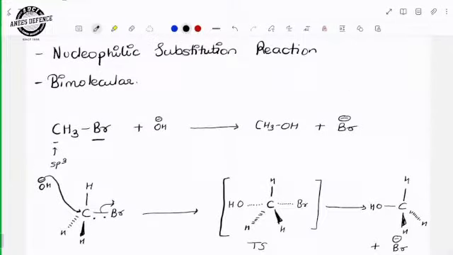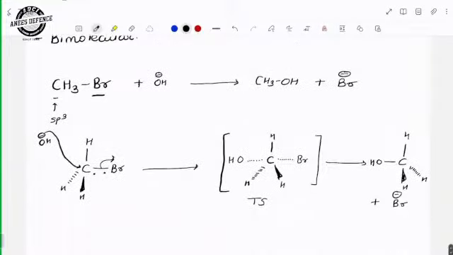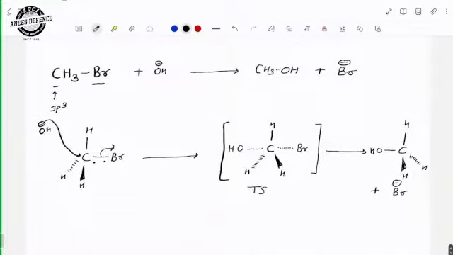So what do you mean by bimolecular reaction? In the slow step, the rate of the reaction depends upon two reactants. So there are two reactants in the first step, that is bromomethane as well as OH minus.